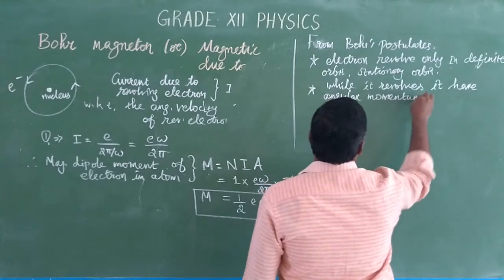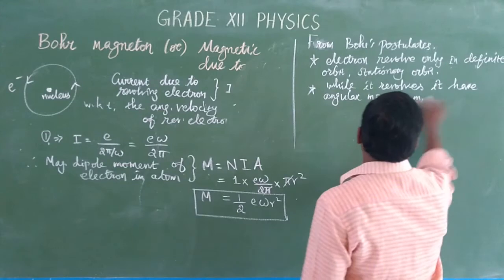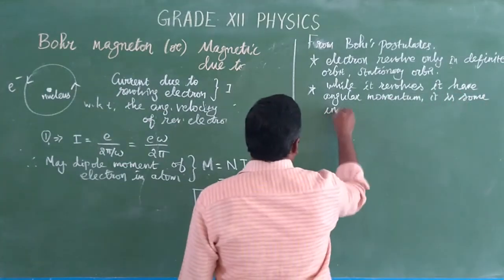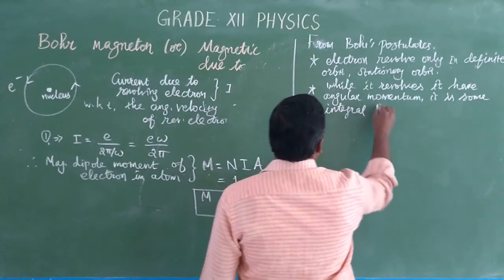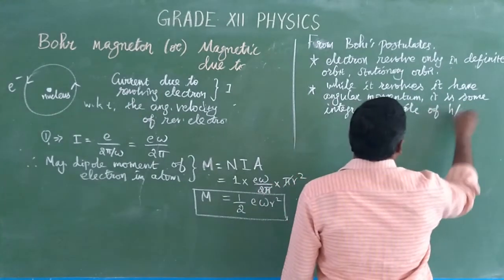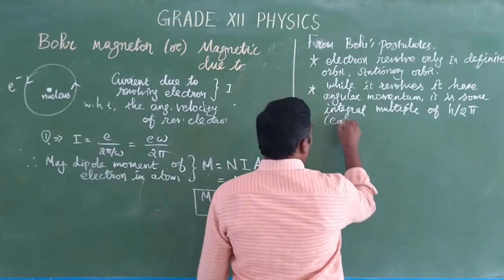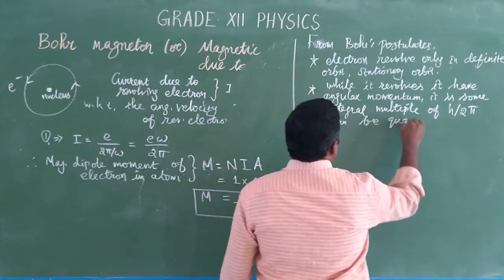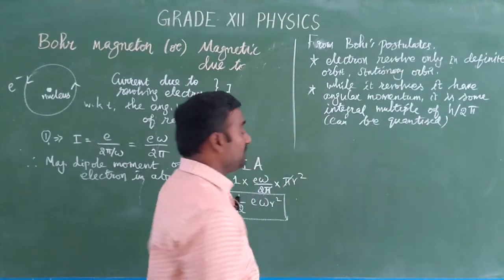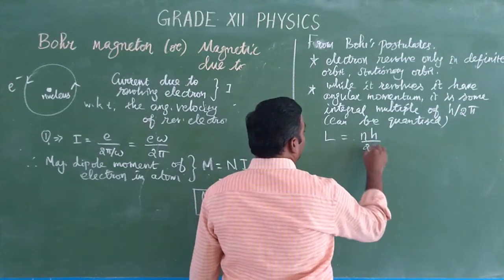The angular momentum is nothing but some integral multiples of h by 2 pi, which means it can be quantized. So according to the second postulate, the angular momentum is some integral multiples of h by 2 pi.